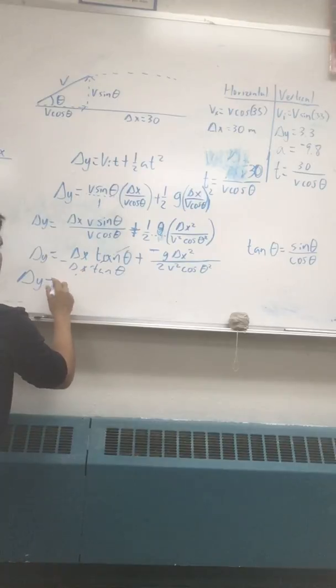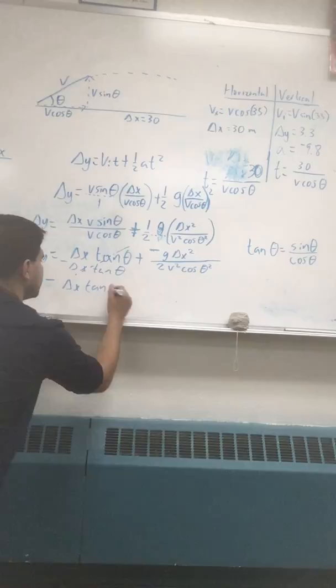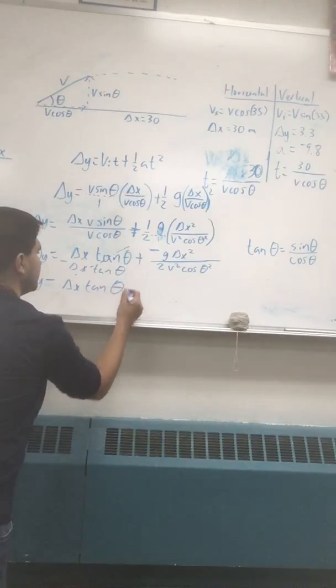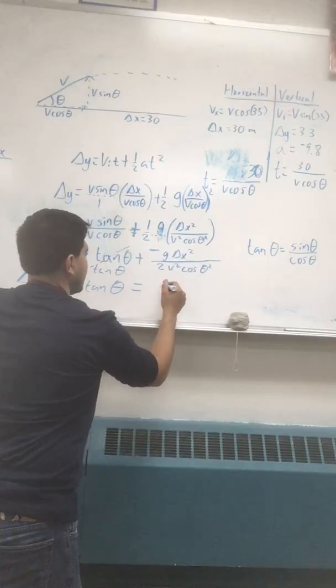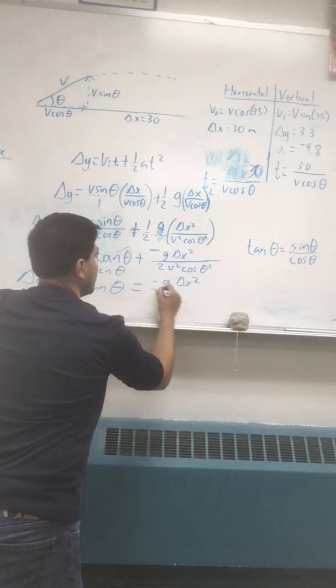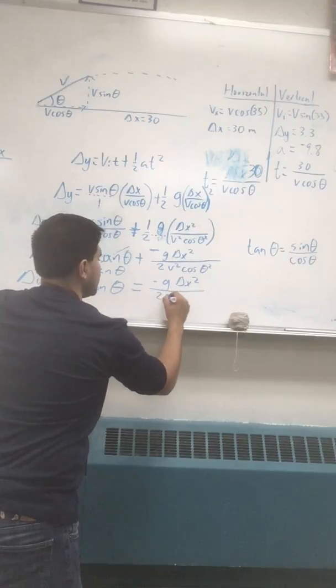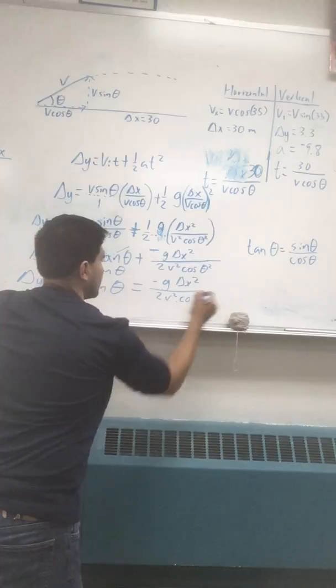That goes away. So minus change of x tangent of theta. And that's going to equal my negative g change of x squared over 2v squared cosine of the angle.